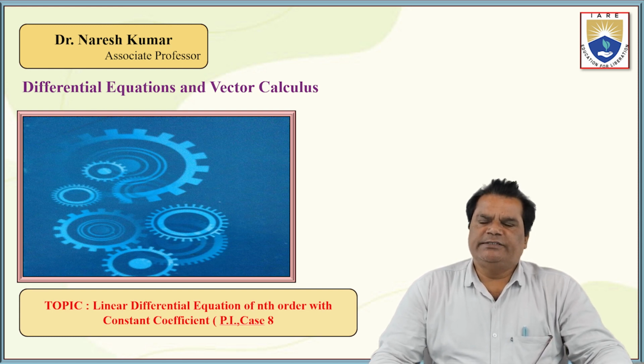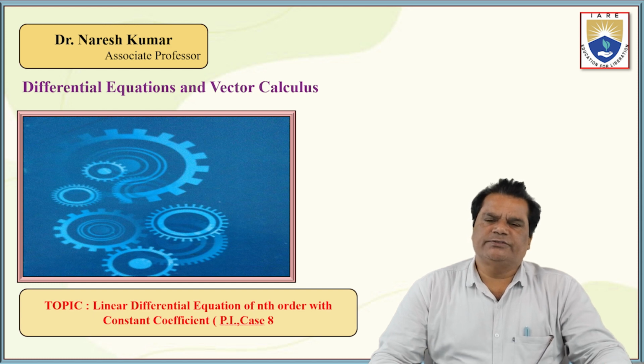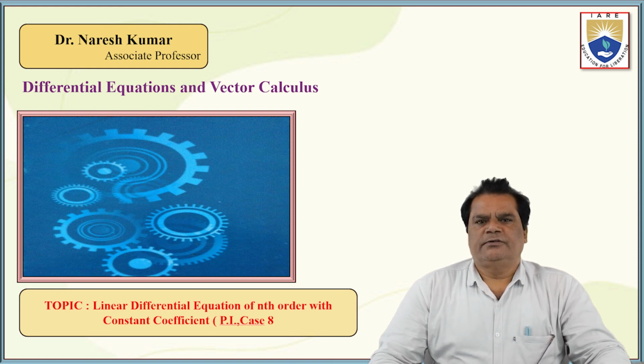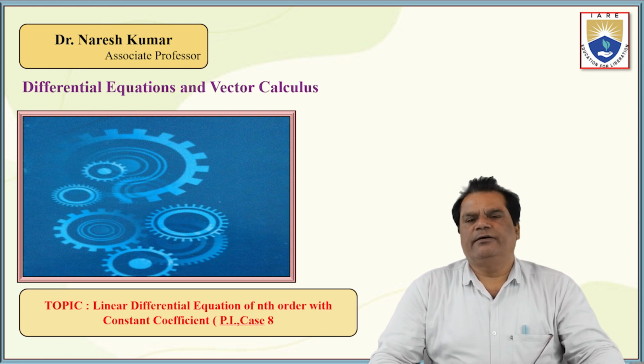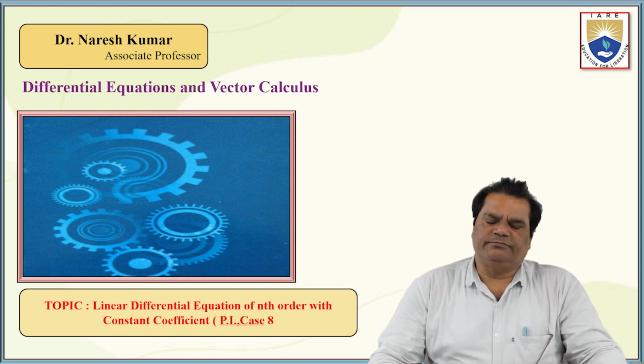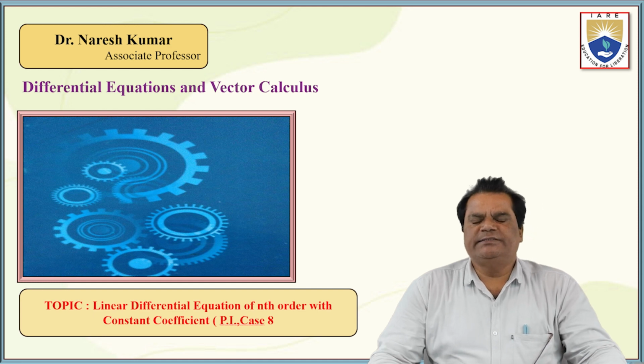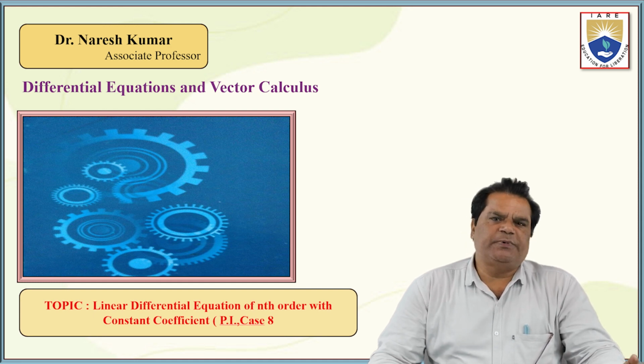Today, in our lecture, I want to discuss a standard case, a special case to solve a linear differential equation of second order with constant coefficient. How can we say that this is a special case?